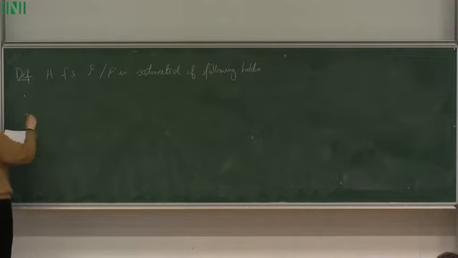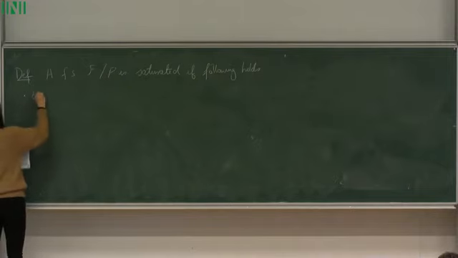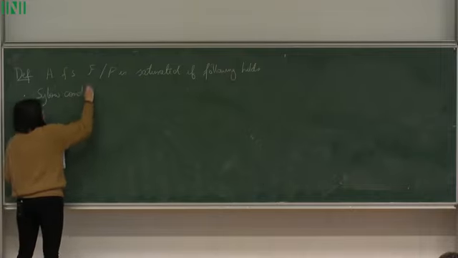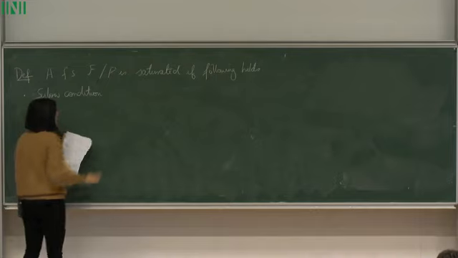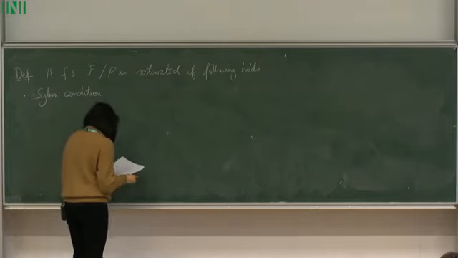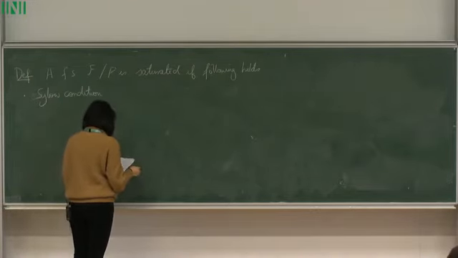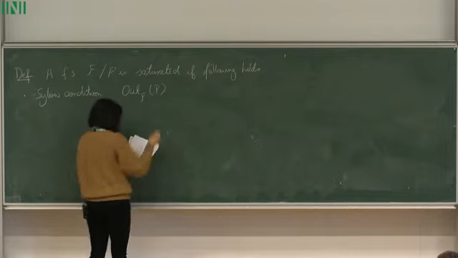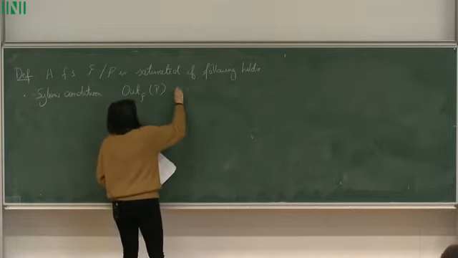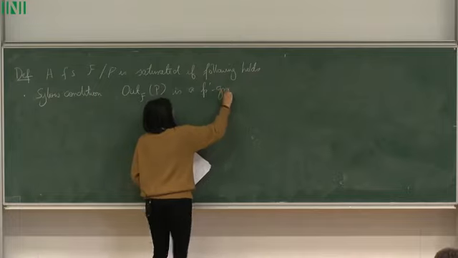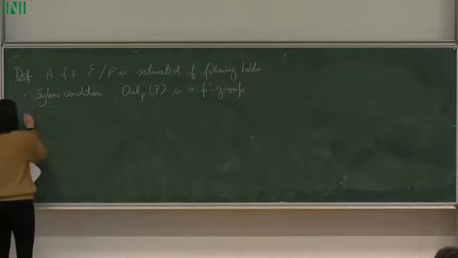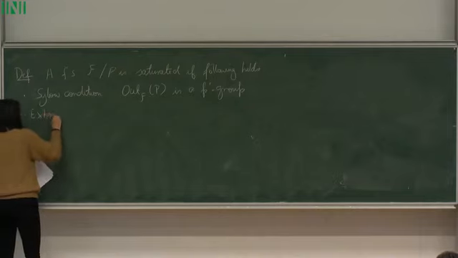First is the Sylow condition, which says that Out_F(P) is a p-prime group. And the second is what's called the extension condition, or extension axiom.